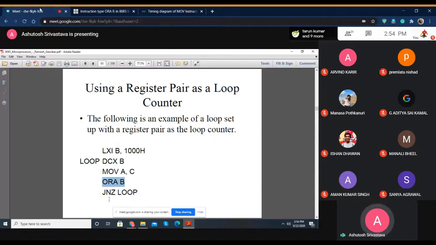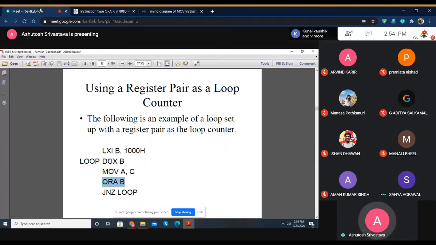After the execution, it will come back to this loop again because it does not satisfy the condition. It's not set to 0, so it will come back to this. There will be a decrement in the value. So what would be the new value here in register B?